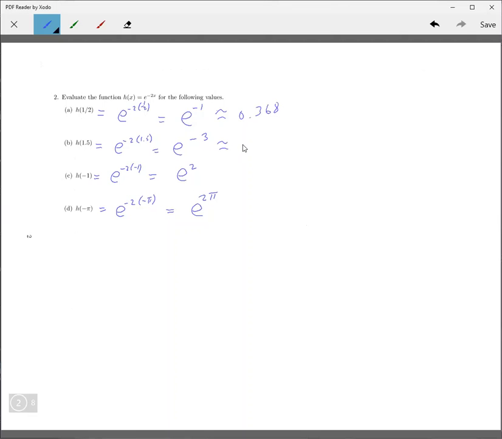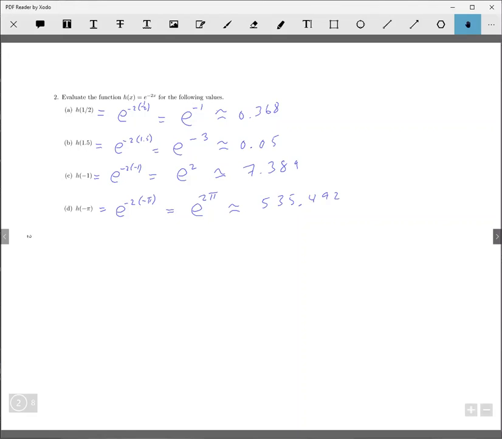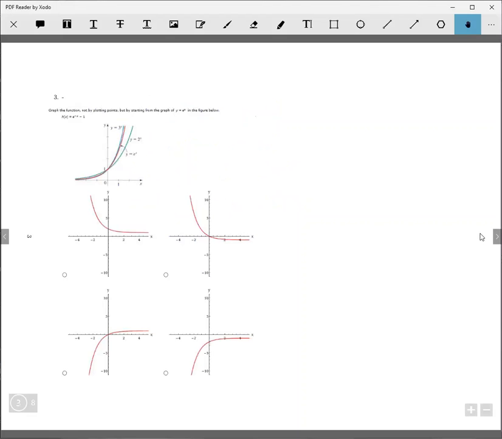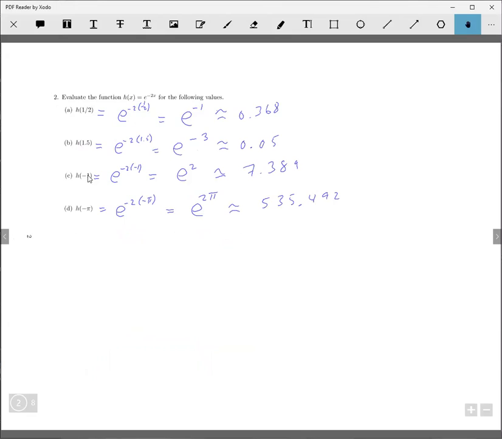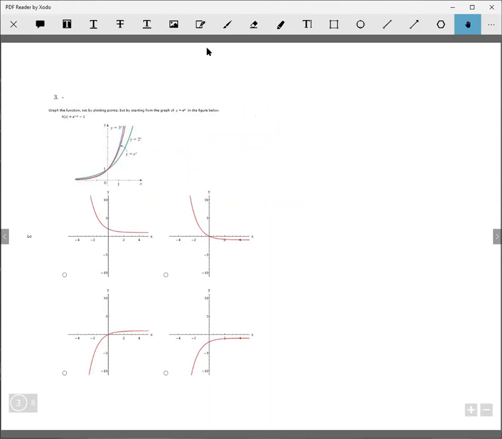That one was 0.05, rounding to 3 decimal places, and that one was 7.389, and that one was 535.492. Okay, so those are the answers for that one. Let's move on to the next exercise. You can also use a calculator for these. Your calculator has the e or e to the x button, and that's perfectly fine.